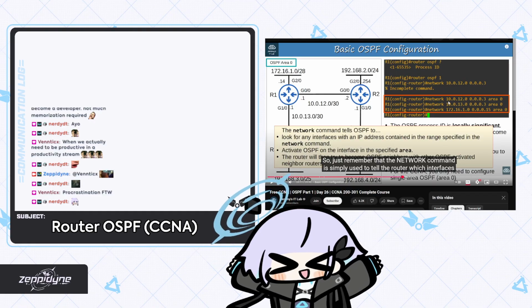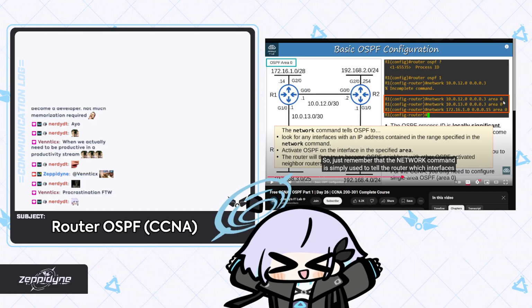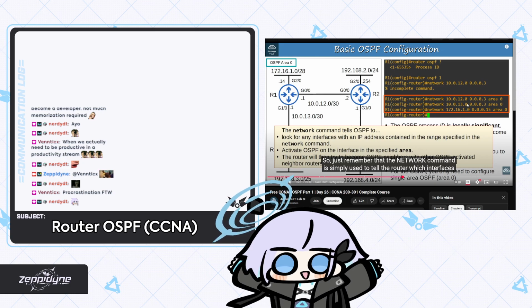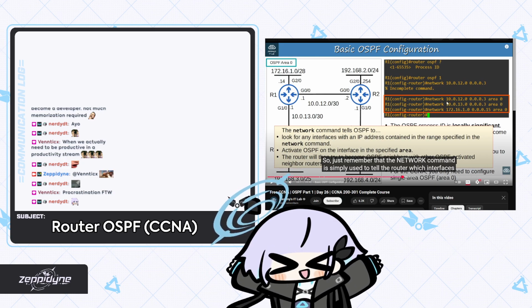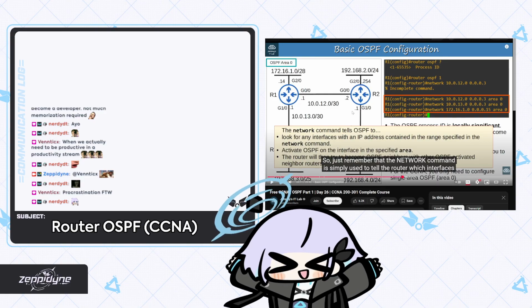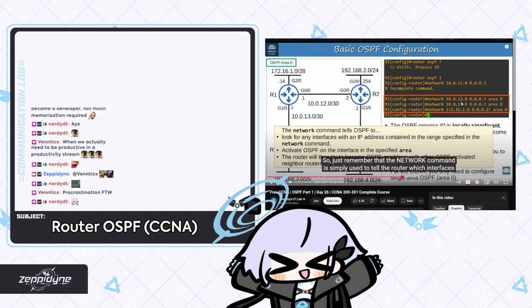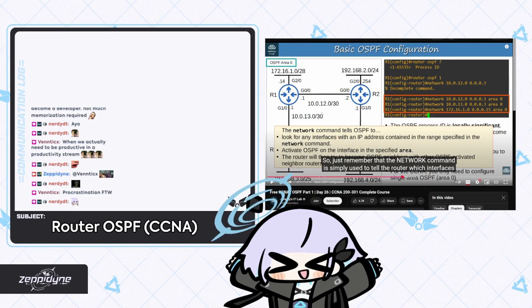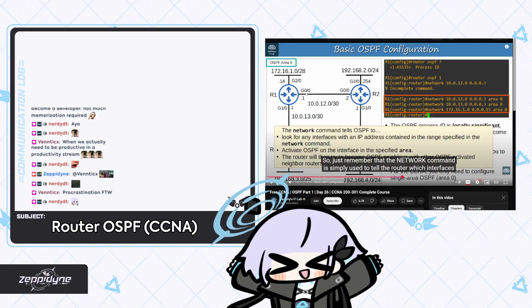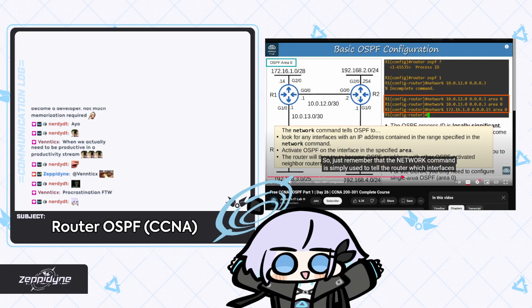And what this command is doing is it sort of connects the whole network over here. You see it's 10.0.12.0, which is this network, which is the connection of R1 to R2.